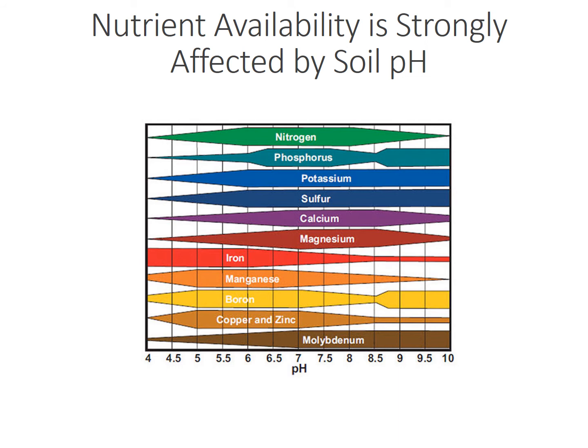When we get up to pH 6, 6.5, 7, which is considered a neutral pH, then molybdenum is available to the roots of plants to absorb. And molybdenum stays available to plants all the way up to pH 10. So the pH of the soil strongly affects the availability of these nutrient ions that plant roots can absorb.